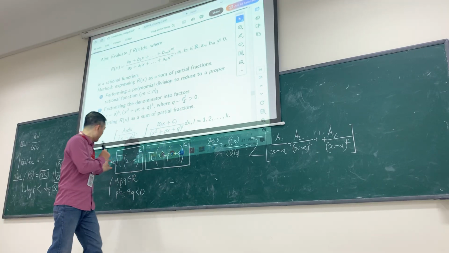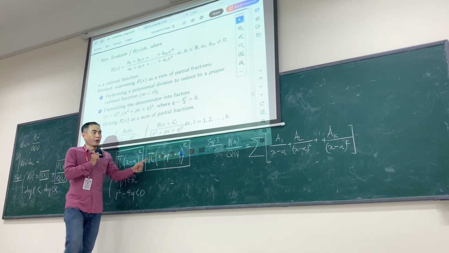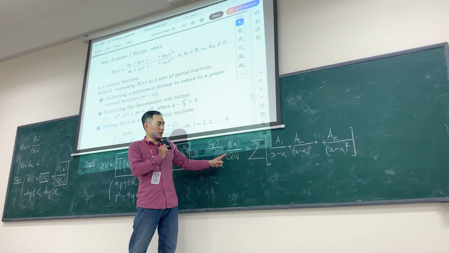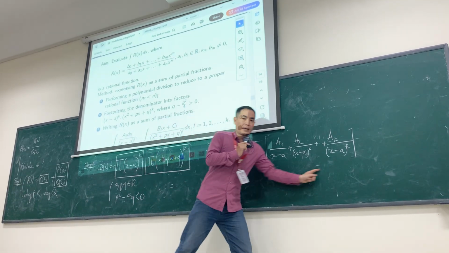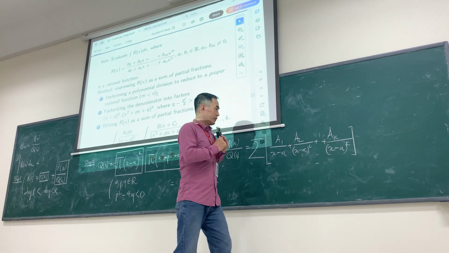If Q has the factor (x minus a) to the power k, we always have P over Q as this corresponding sum.